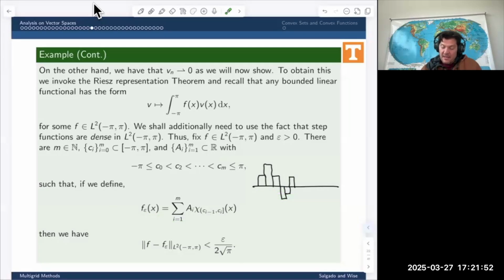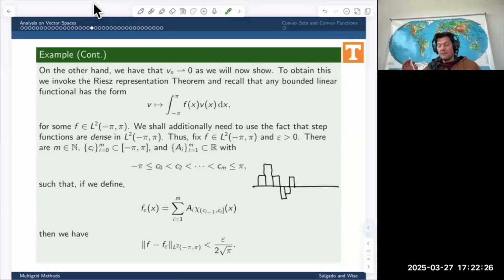So I'm going to define an approximation of f, which is just a step function like that, given by these values ai. So starting with 1, it goes a1, a2, a3, a4, etc. And this is going to be multiplied by a characteristic function on that half open interval from ci minus 1 to ci. All right. So I'm going to have to stop there. I shouldn't have even embarked on this, but what we're going to do is use something called the Riemann-Lebesgue lemma and use the fact that we can approximate f arbitrarily well with these step functions.